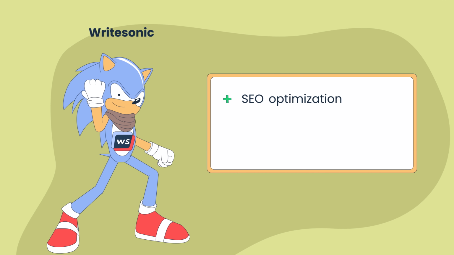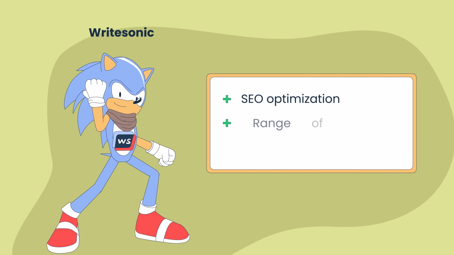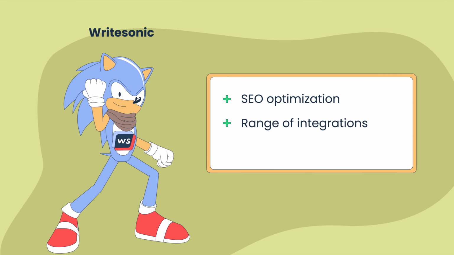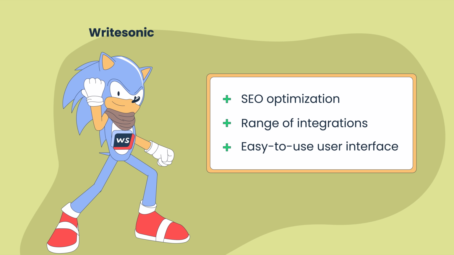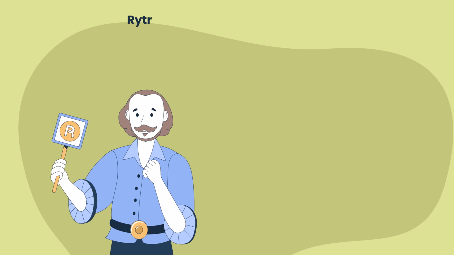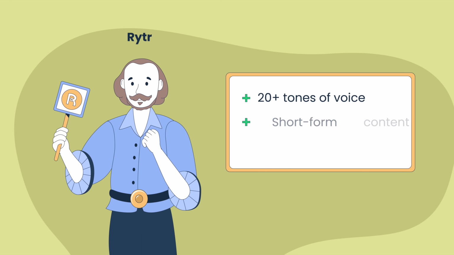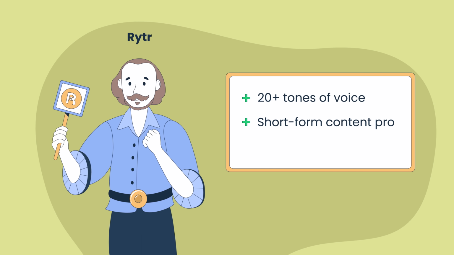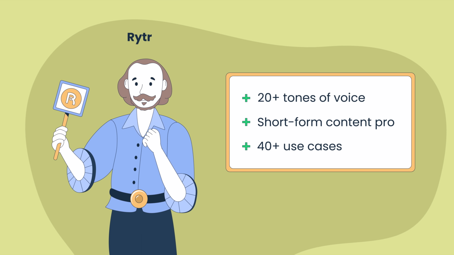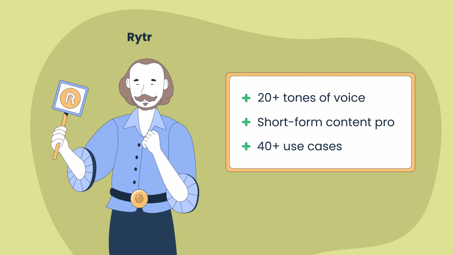WriteSonic includes an SEO optimization feature and an impressive integration list, all within an intuitive, easy-to-use user interface. And Writer comes with over 20 tones of voice, excels at short-form content, and supports 40+ use cases. Quite a talented bunch, right?